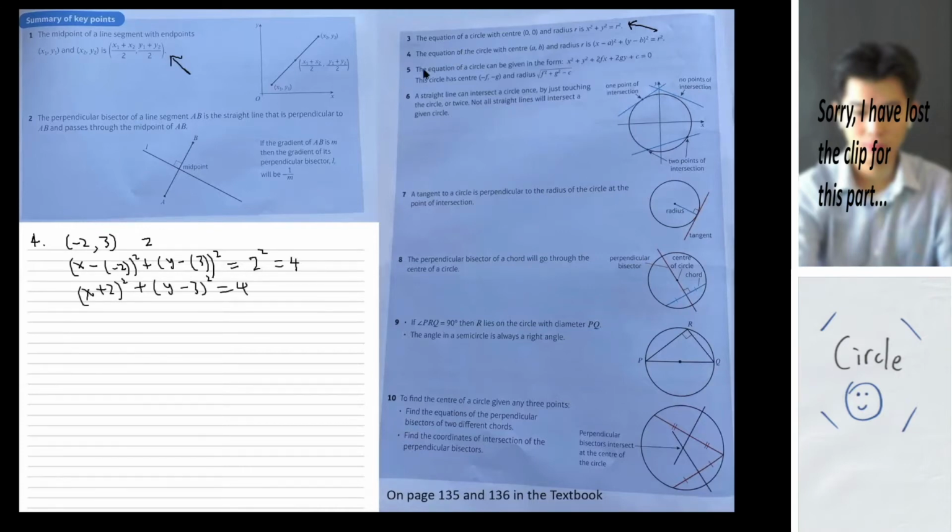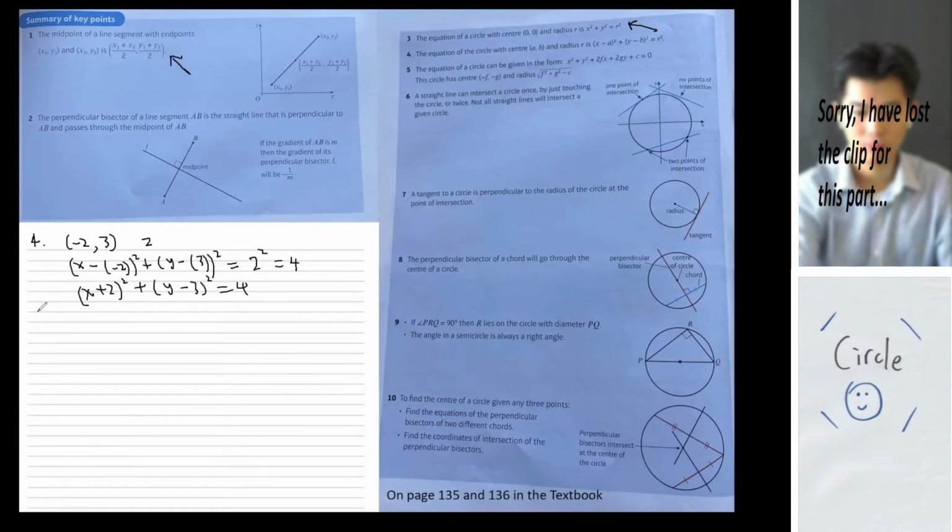For part 5, the equation of the circle can be given in the form x squared plus y squared plus 2fx plus 2gy plus c equals 0. This circle has the center of (-f, -g) with the radius of root f squared plus g squared minus c.